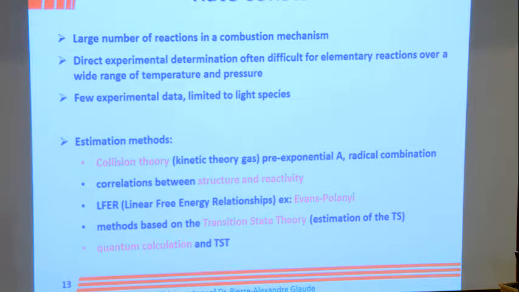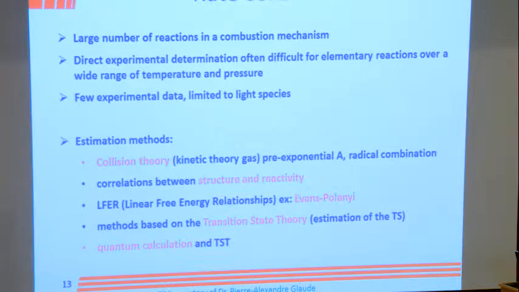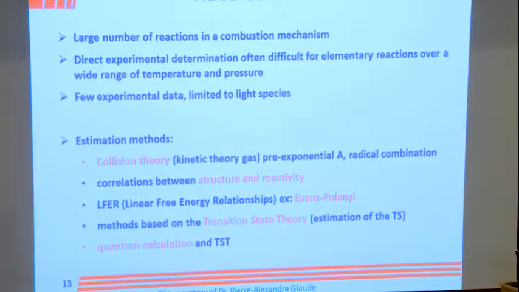We have correlations between structure and reactivity. We have linear free energy relationships, such as Evans-Polyani. And methods based on transition state theory and quantum calculations. And more and more, we're using quantum chemistry calculations to guide us in terms of the rate constants for a reaction.